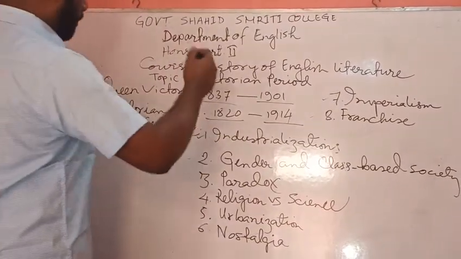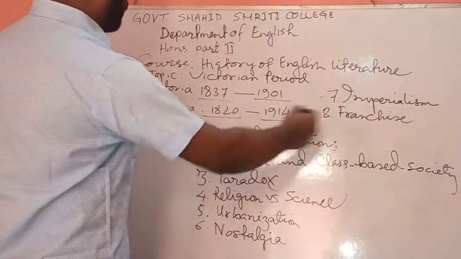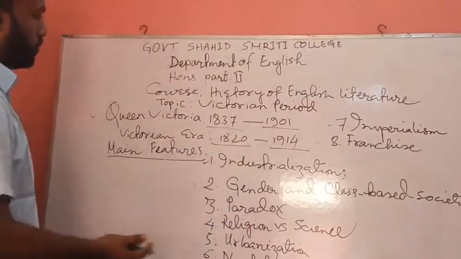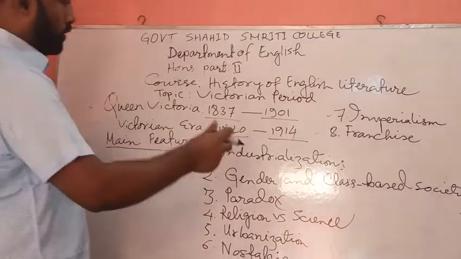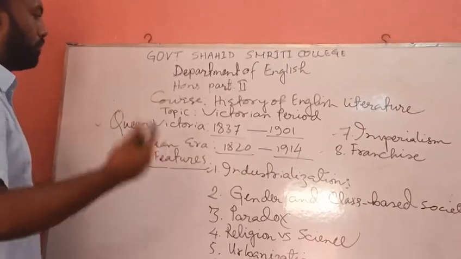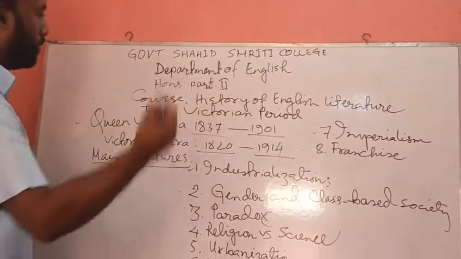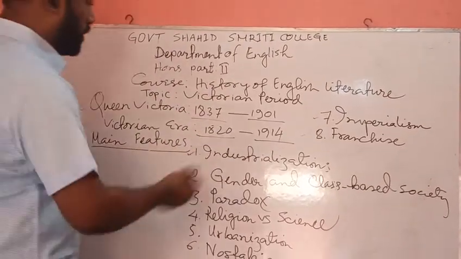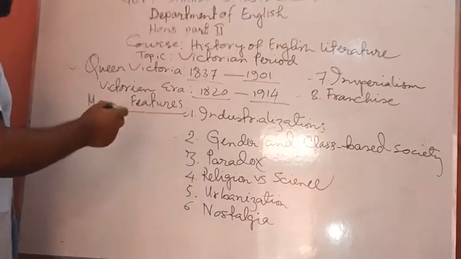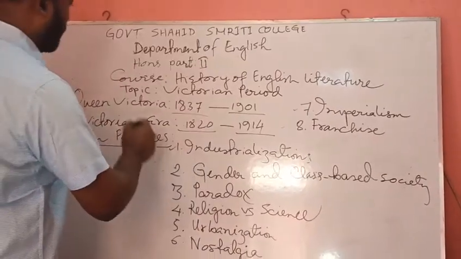They did establish lots of industries and factories across the country, and they produced lots of goods and commodities which they exported to different parts of the world, and that made them own lots of foreign currencies. So industrialization is one of the greatest features of this age.